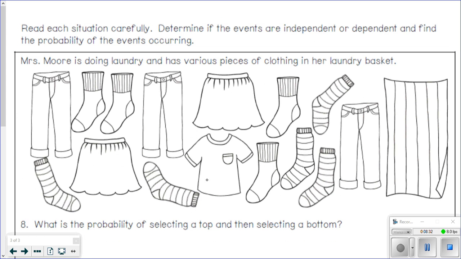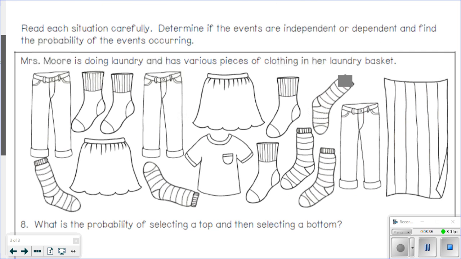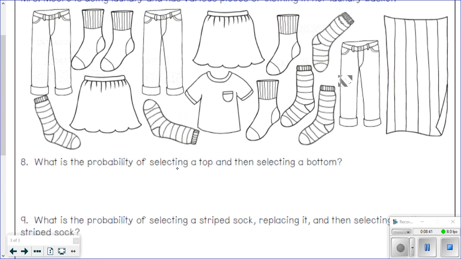First of all, let's see how many items there are. 1, 2, 3, 4, 5, 6, 7, 8, 9, 10, 11, 12, 13, 14, 15, 16. So there are 16 items altogether.